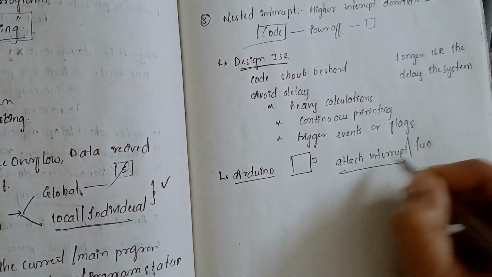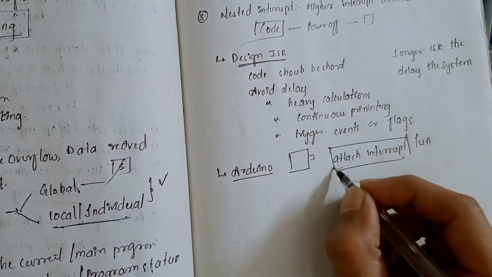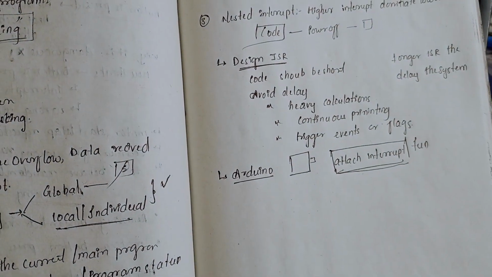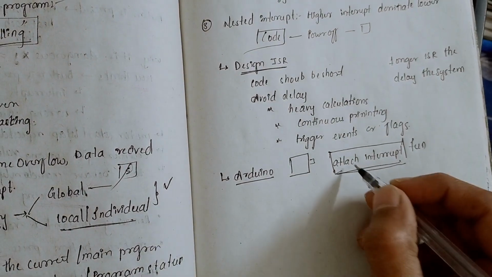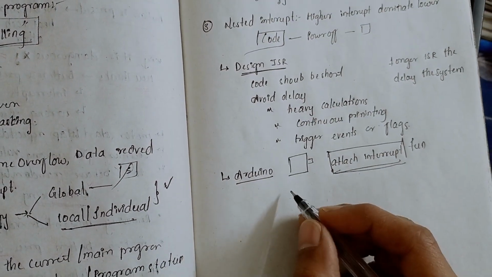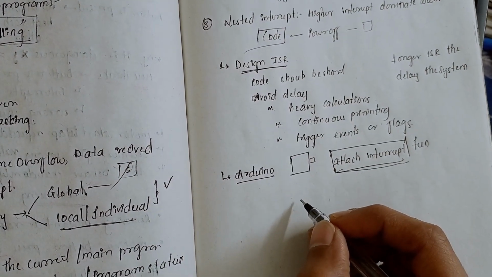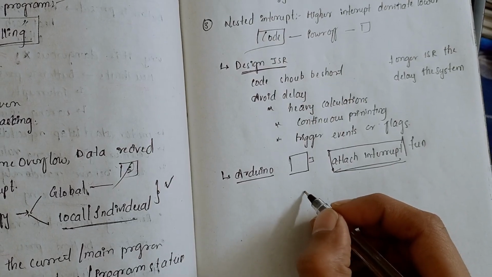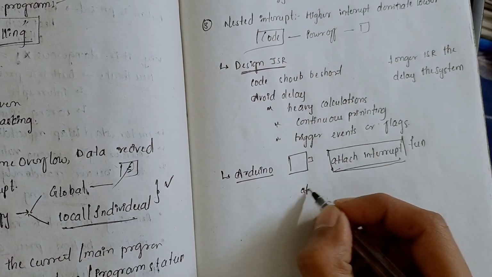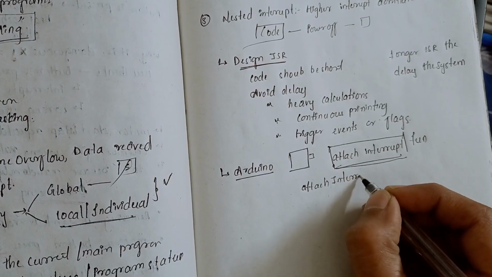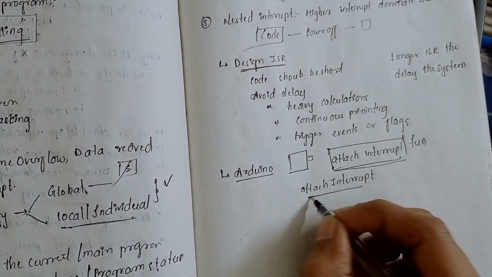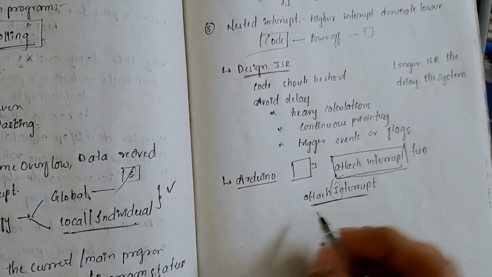This is the main thing here. We are using external interrupts. So the syntax for external interrupt for an Arduino is attachInterrupt. Here the I is capital, make sure.